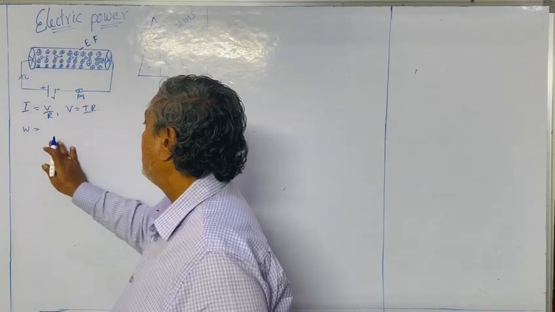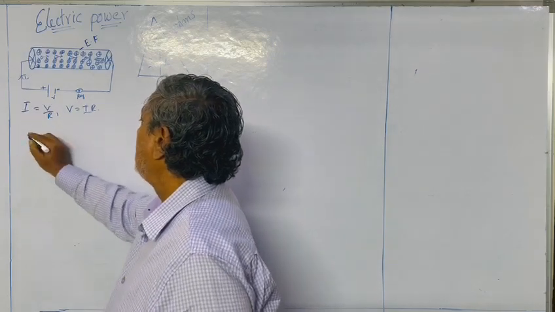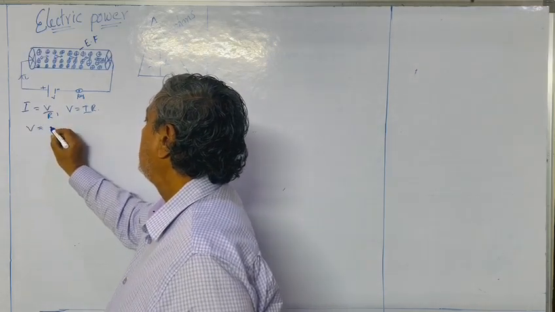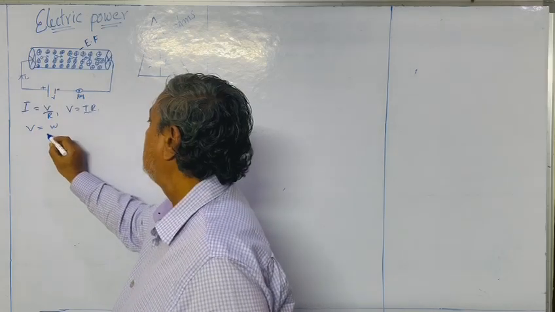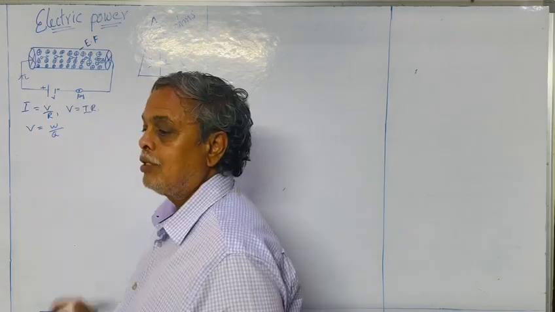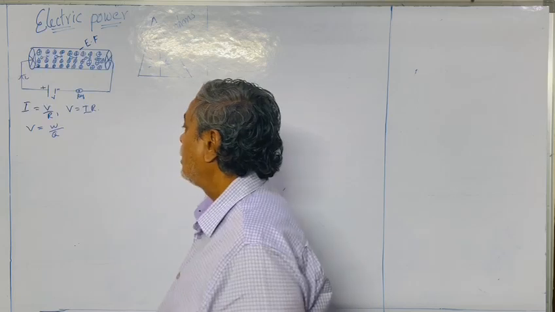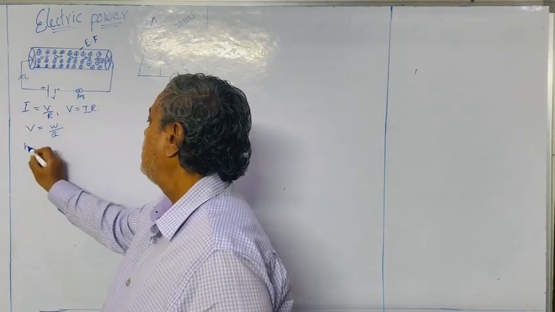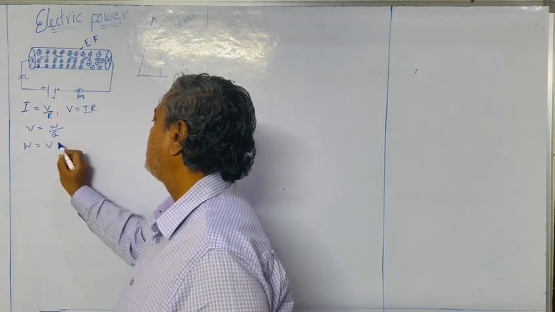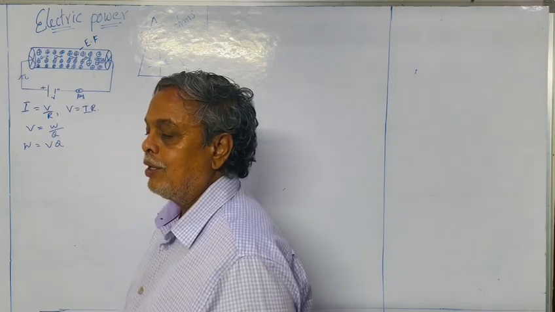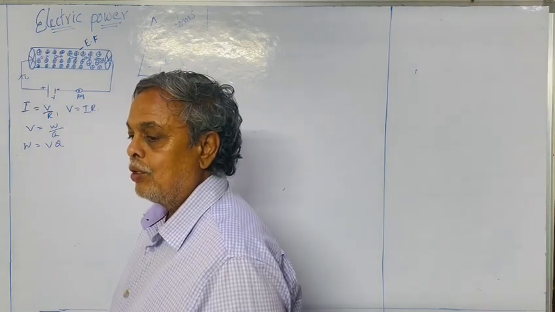What is V? Voltage is equal to W by charge. Then W is equal to VQ. Am I right? W is equal to VQ.